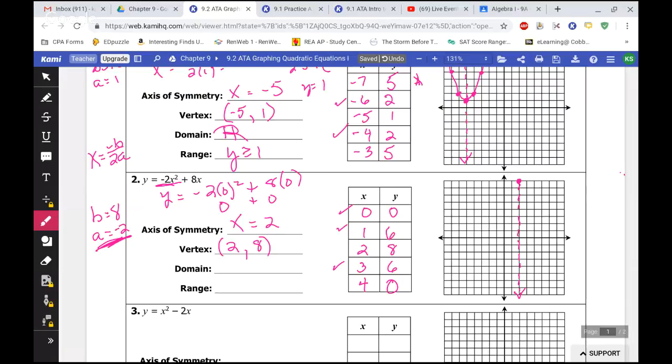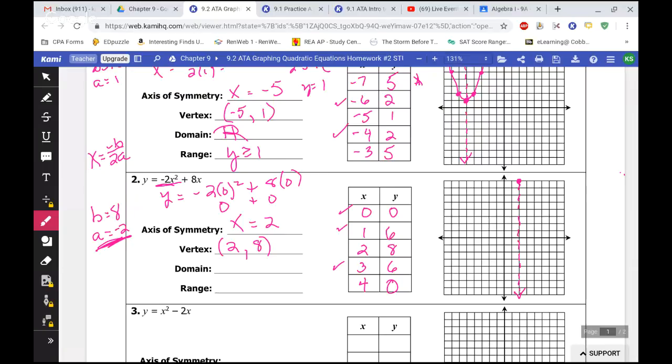If the leading coefficient is negative, do you have a frowny face or a happy face? Frowny. Yes, a frowny face. So we know it's going to be facing down. So we kind of want to keep that in mind before we start putting all these coordinates on here, so that we can make sure we're plotting them correctly.